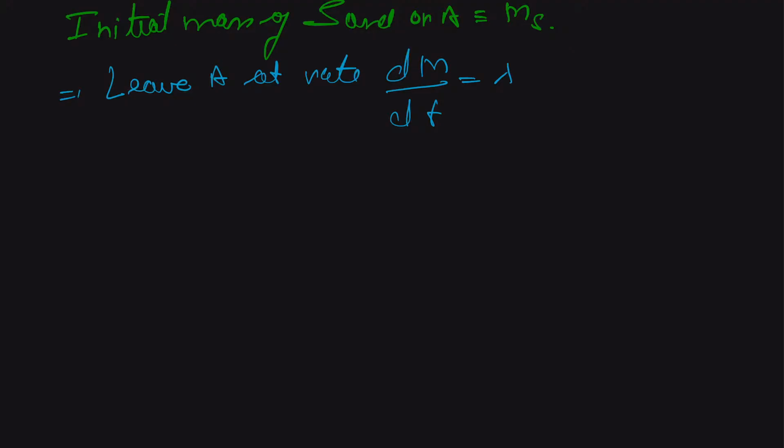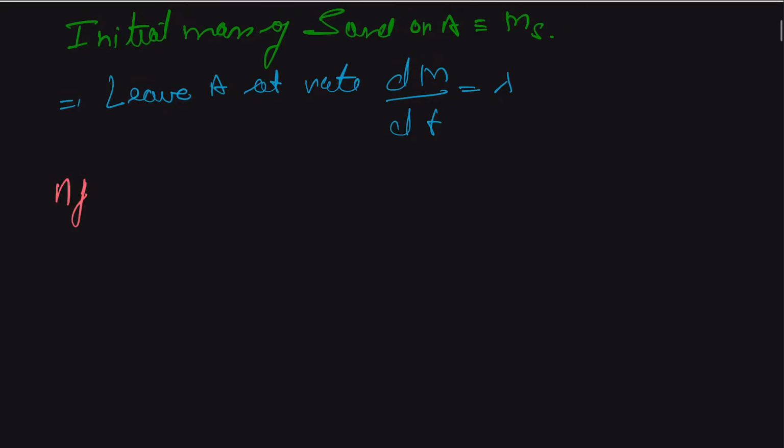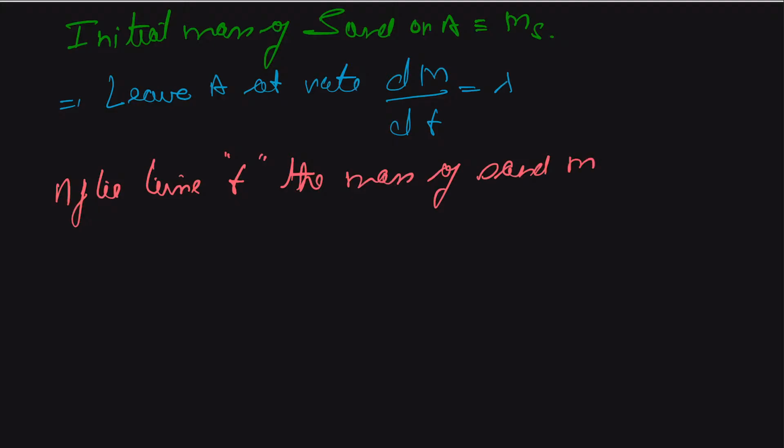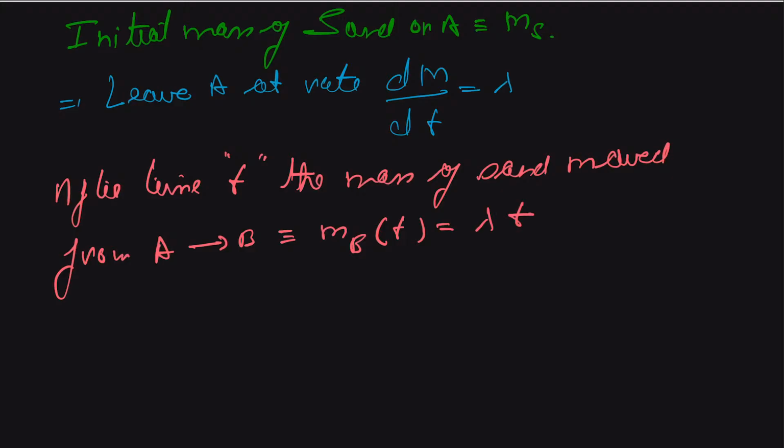So it means that after time t, the mass of sand moved from A to B, and let us suppose we call this mB of t, is equal to lambda multiplied by t.